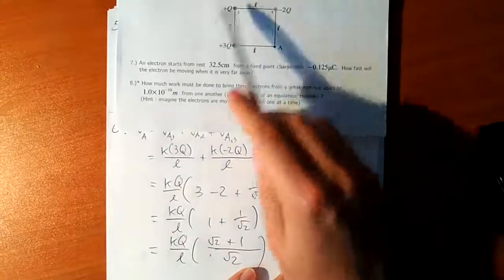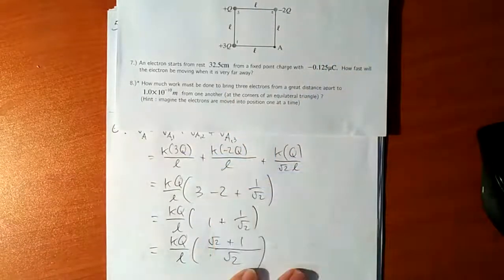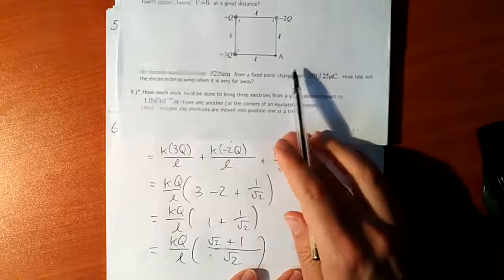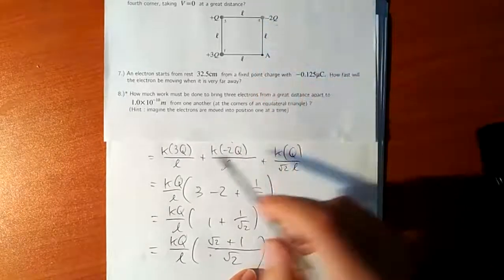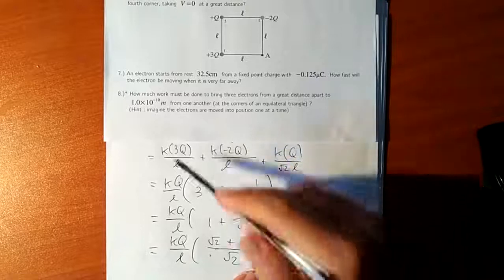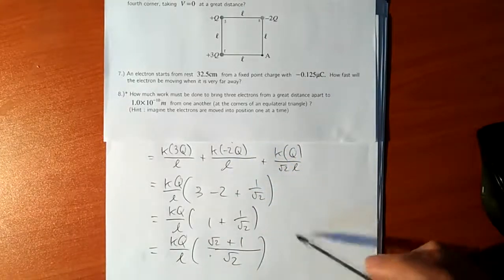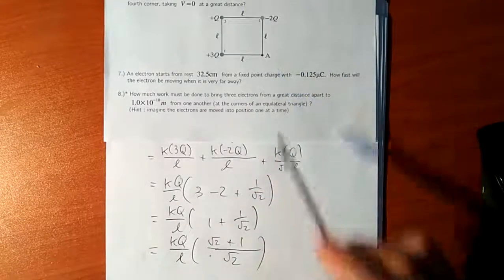But because all three of them are present, you can just add them. This was given to you, this is how it works for the potentials of point charges. Due to all three being present, you just add the potentials of each to get the potential at the point. So this here is an expression for the potential at point A.